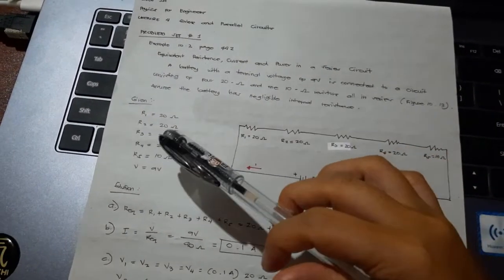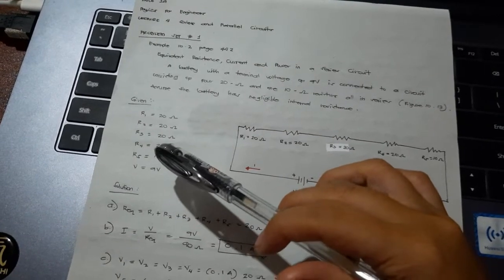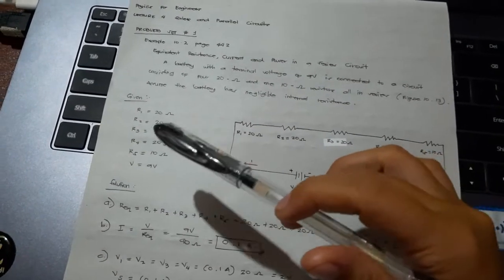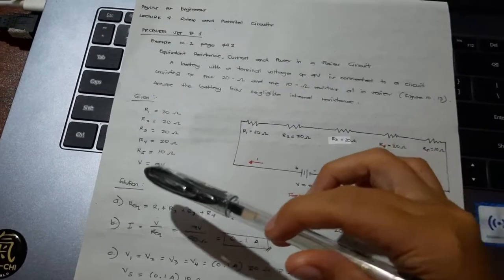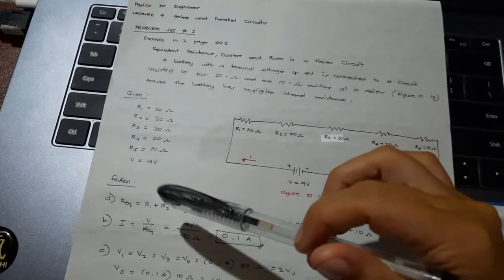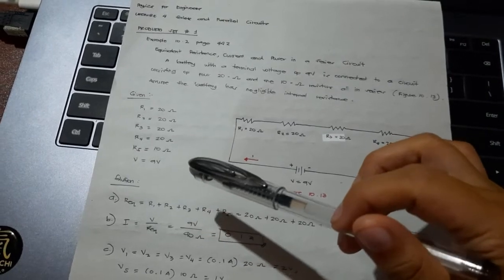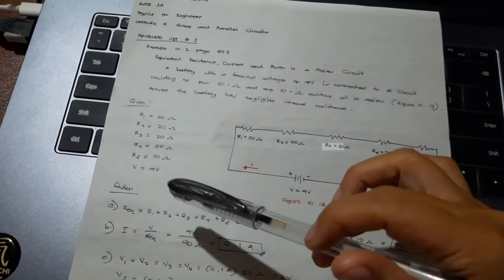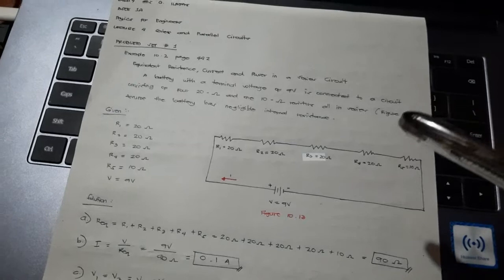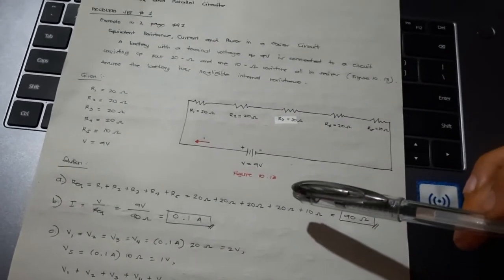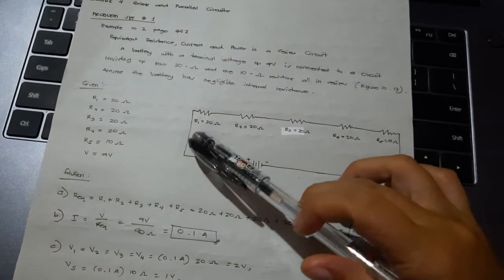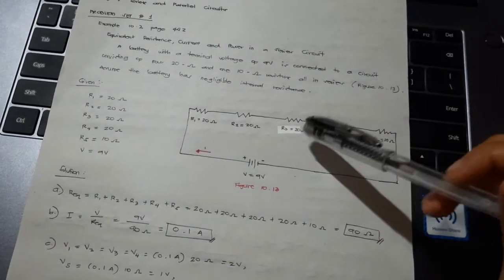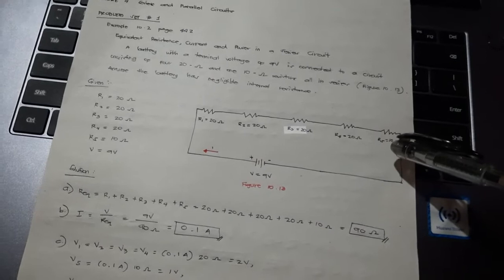So the resistance R1 is equals to 20 ohms, R2 is equals to 20 ohms, R3 20 ohms, R4 20 ohms, R5 10 ohms, and V is equals to 9 volts. So as we can see in this figure 10.13, R1, R2, R3, R4, and R5.